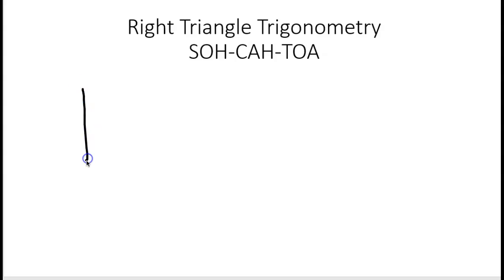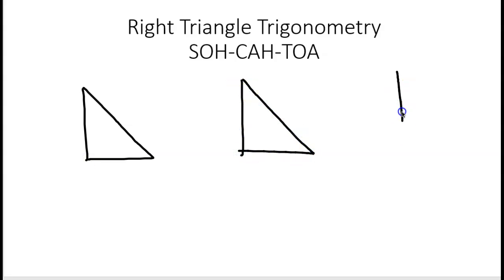Well, let's draw some triangles. On all these triangles, I'm going to specify this angle here as my reference angle. By reference angle, I mean that's my starting point.